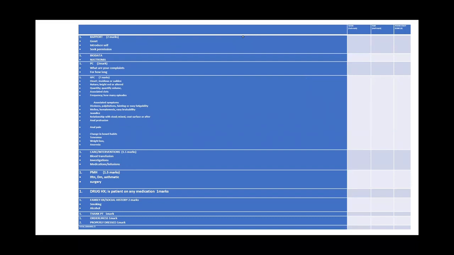Okay, so after this is a focused history. If you have time, you ask for systemic review before thanking the patient. Okay, but focused history is history on the subject matter. You don't deviate into irrelevant things like any difficulty in passing urine, any hesitancy, any convulsion.